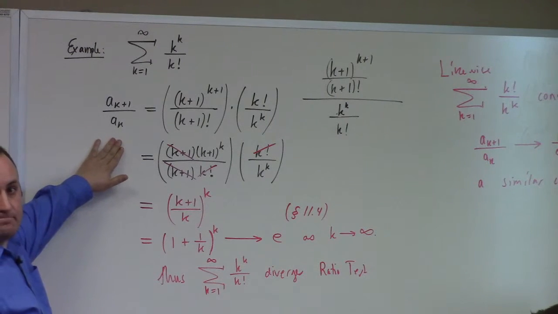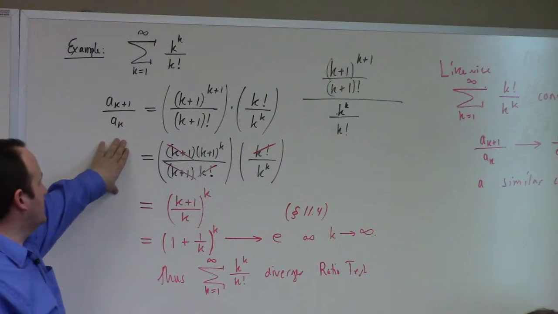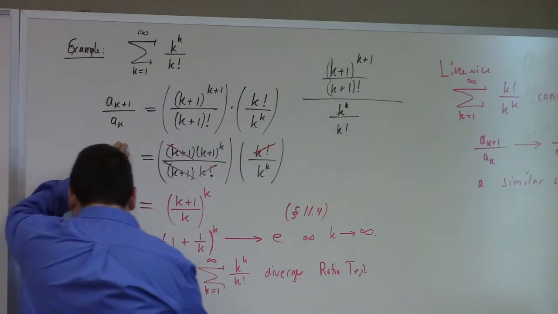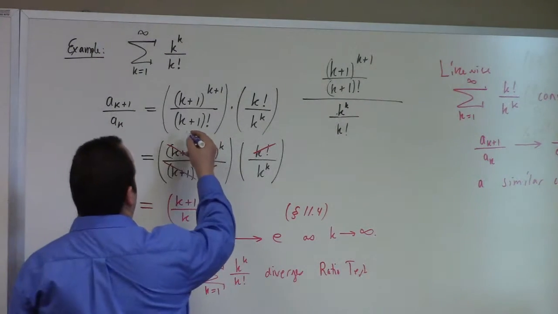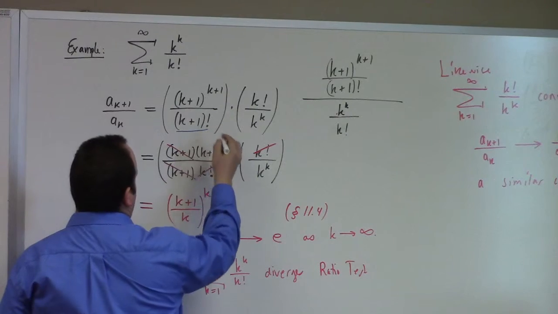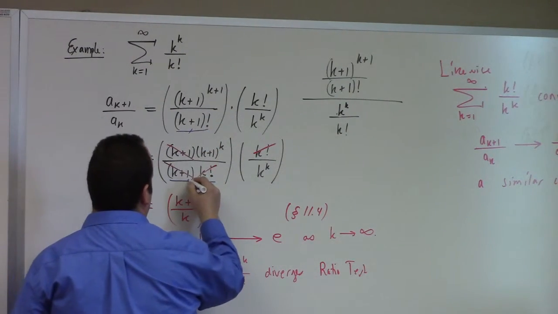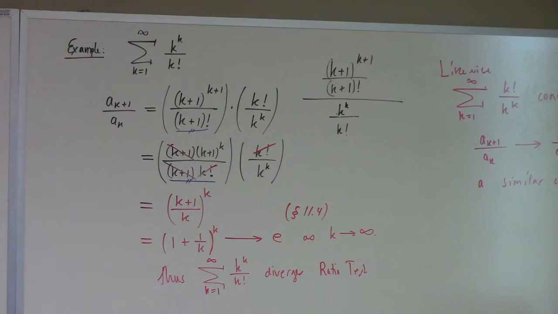And when you face the factorial, the thing you've got to know is that if I have k plus 1 factorial, how do I simplify it? This k plus 1 factorial is the same as k plus 1 times k factorial. These are the same things. That's essentially the definition of the factorial function, made recursively to be that.